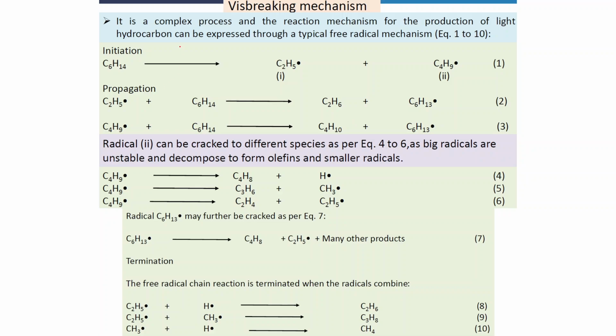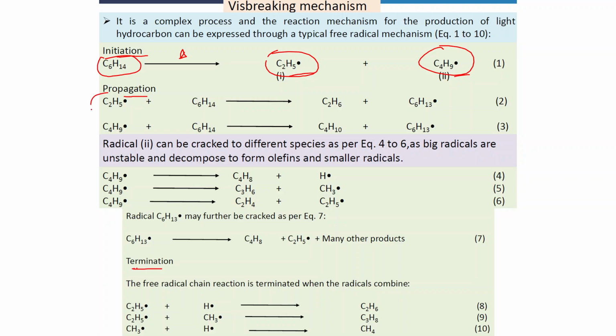So this is the visbreaking mechanism. It is a complex procedure that takes place in three steps: initiation, propagation, and termination. If we take this higher molecular weight product, on heat treatment, on thermal cracking at mild temperature, it will produce radicals, a smaller molecular weight radical and a higher molecular weight radical.